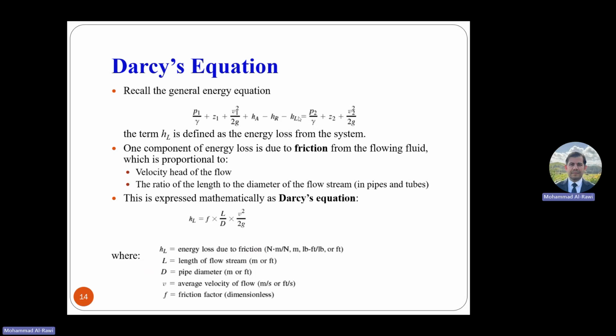So this is the energy loss from the system due to friction along the length of the pipe. Therefore, that HL is very important.